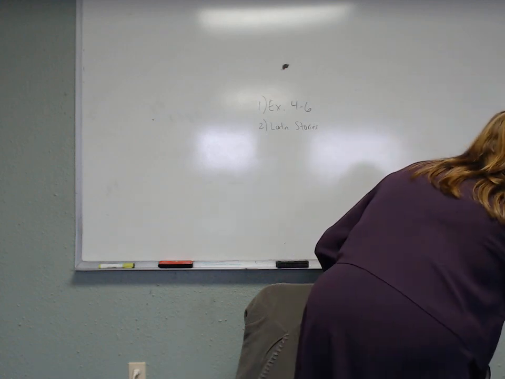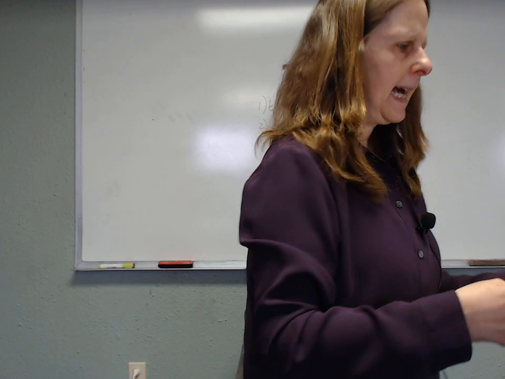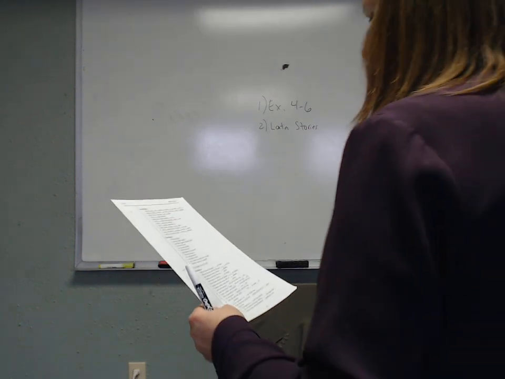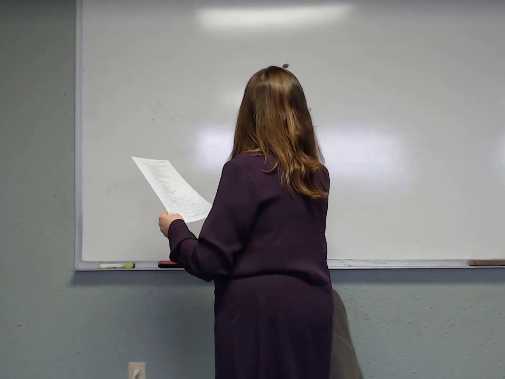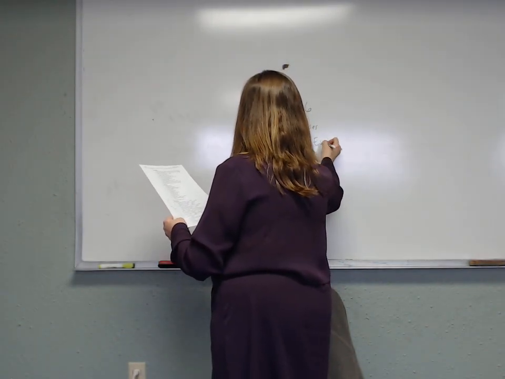I also have another worksheet for you. But you're not doing this whole thing, okay? Because I know these are kind of hard. Look on the side that says page 14. Do exercitium 6. I'm going to say page 14, exercitium 6.